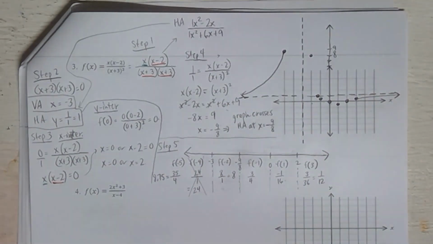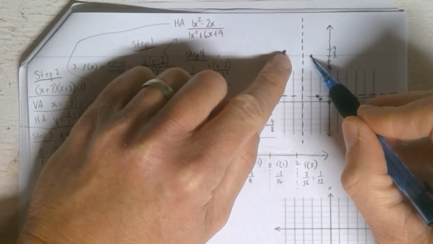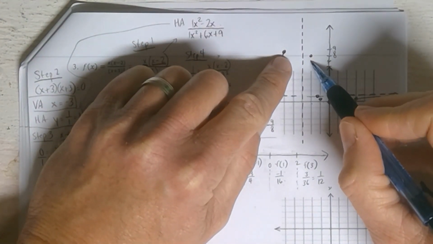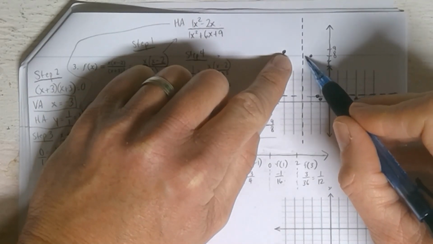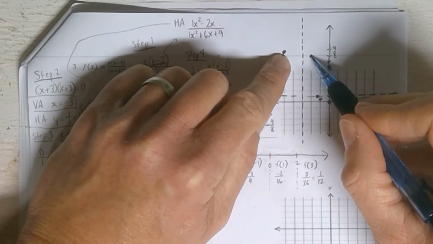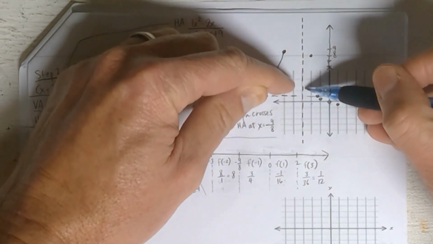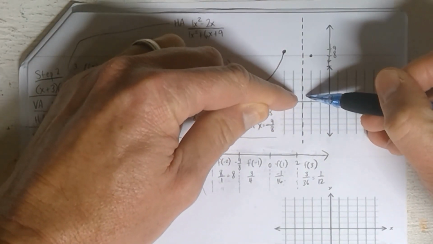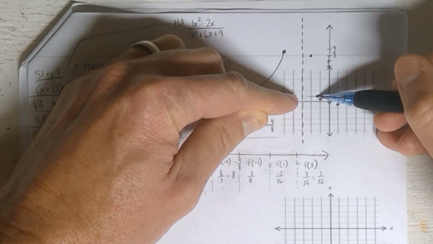Then the next thing we do, like we've done in the previous 2 problems, is take the 2 points, one on each side, that are closest to the vertical asymptote. So the point that's closest on the right side of it, and the point that's closest on the left side of it. Now, neither one of these points can turn back around and go this way, because it would have to cross over not only the horizontal asymptote, which it can't do, because the only place it does that is over here.